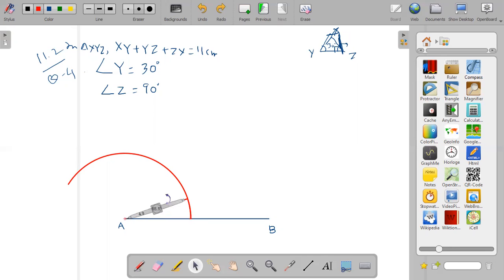Take this radius. Okay. So we can remove the previous one, then we can make a new one because the radius is changed.